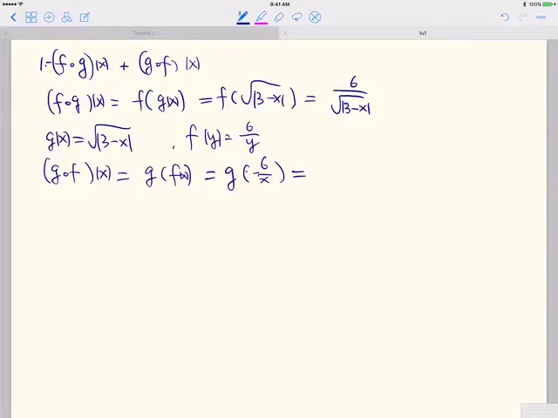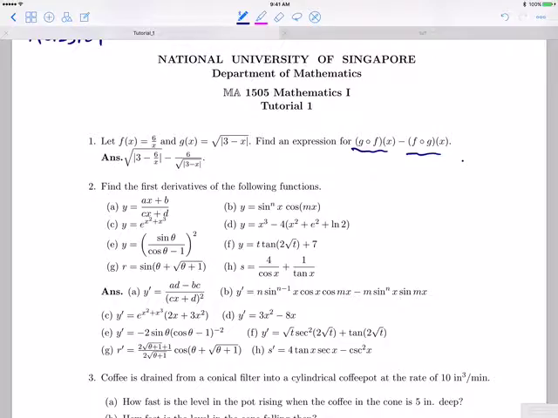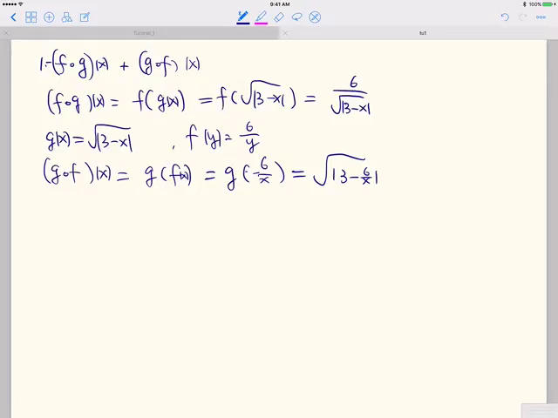So what's this? This is just the square root of the absolute value of 6 over x minus 3. If we plug in, you can find the right answer out there. Pretty straightforward. This is just for you to get familiar with the composition of two functions. Okay, so much for this one.